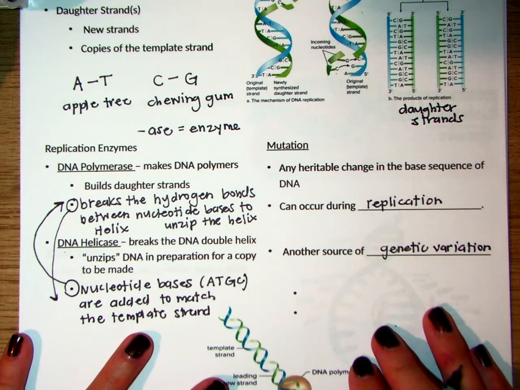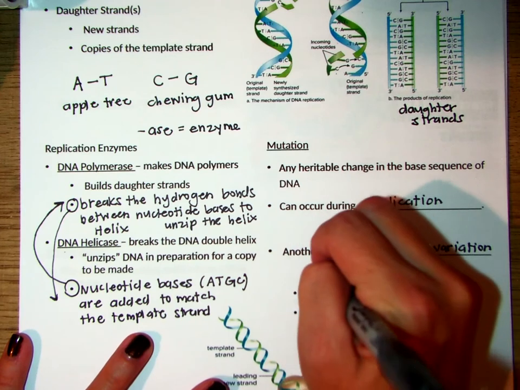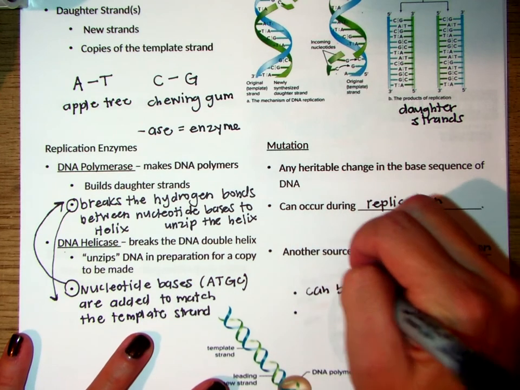And then they can be neither. Depending where the mutations happen, sometimes it doesn't even cause a change in the protein that is made. And sometimes it's in a section of the DNA that doesn't even code for proteins. And sometimes it can lead to a mutation that is neither good nor bad. So anyway, it can be helpful or neutral.